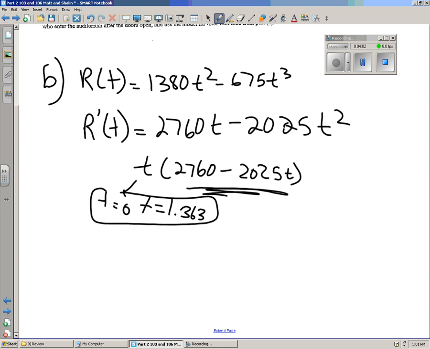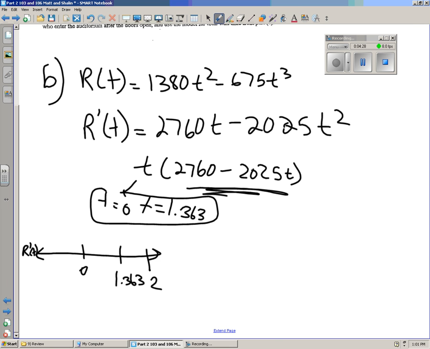So then you need to take out the good old number line, guys. We've been doing this all year, so this is something that should click with you. You're taking the number line of r prime of t. So you have 0, 1.363, and 2.